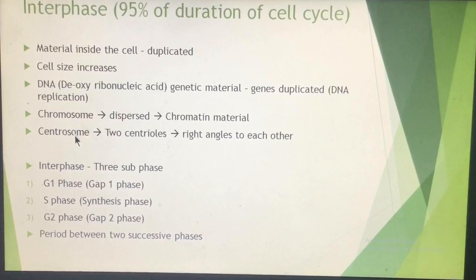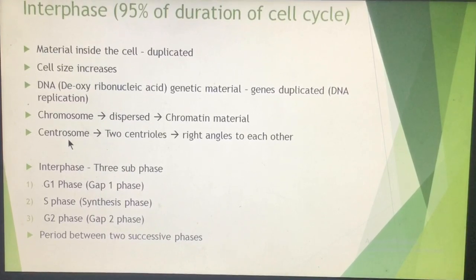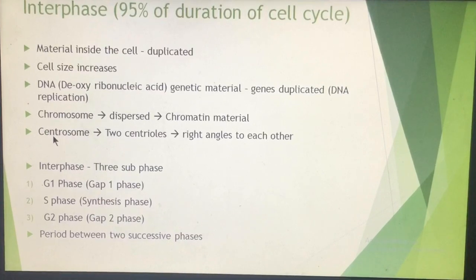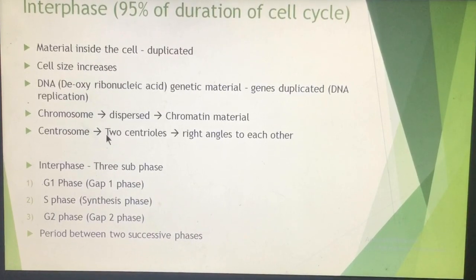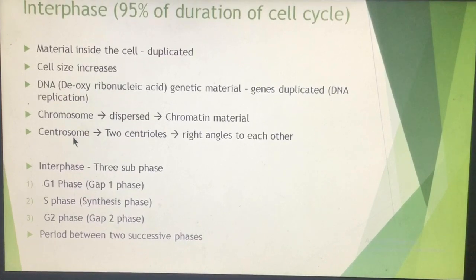Now inside the cytoplasm there is one structure just above the nucleus. न्यूक्लियस के ऊपर एक और structure present होती है, and that structure is known as a centrosome. Now this centrosome during the interphase gets divided into two, and those two structures which are formed from the centrosome are known as the centrioles.